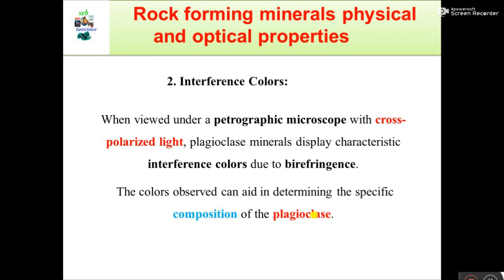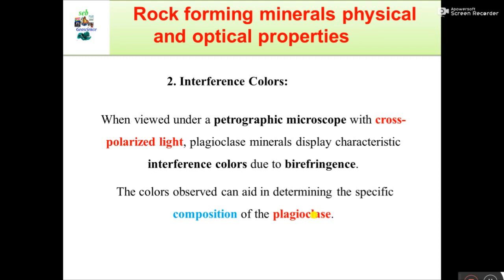Interference color. The second most important optical property for determining plagioclase is interference color. When viewed under a petrographic microscope in cross-polarized light, plagioclase minerals display characteristic interference colors due to birefringence.